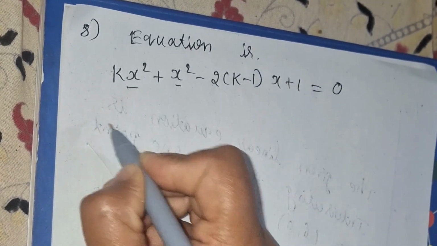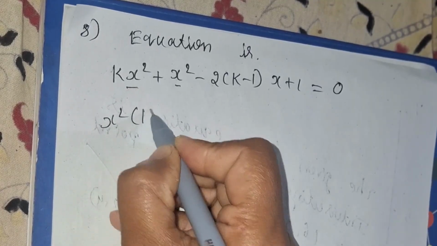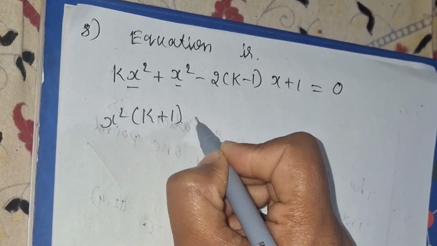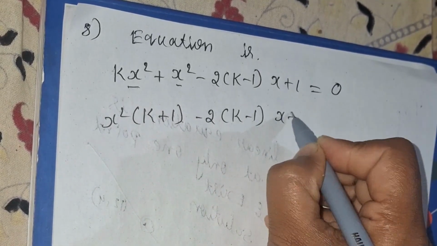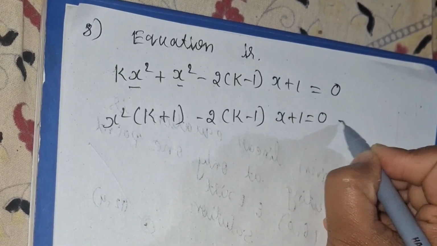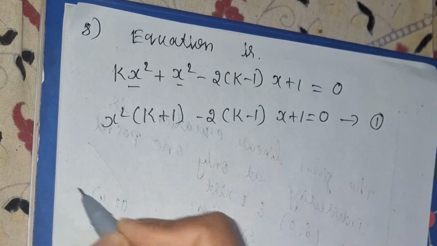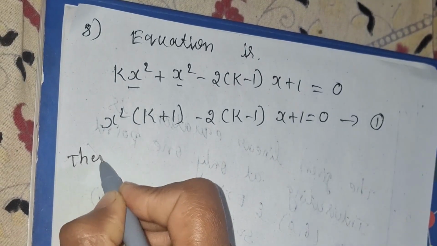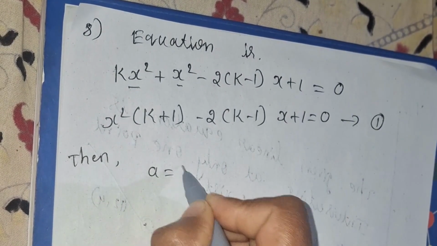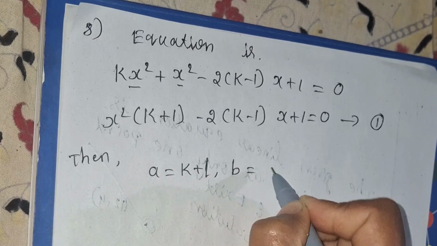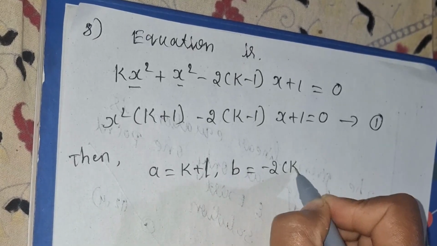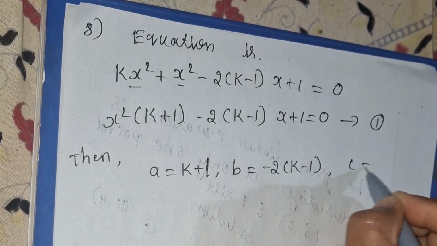So first take the common term. x square is common in both terms, so k plus 1, x square, minus 2 into k minus 1 into x plus 1 equal to 0. This is considered equation 1. Then write what a is: a equal to k plus 1, b equal to minus 2 into k minus 1, and c equal to 1.